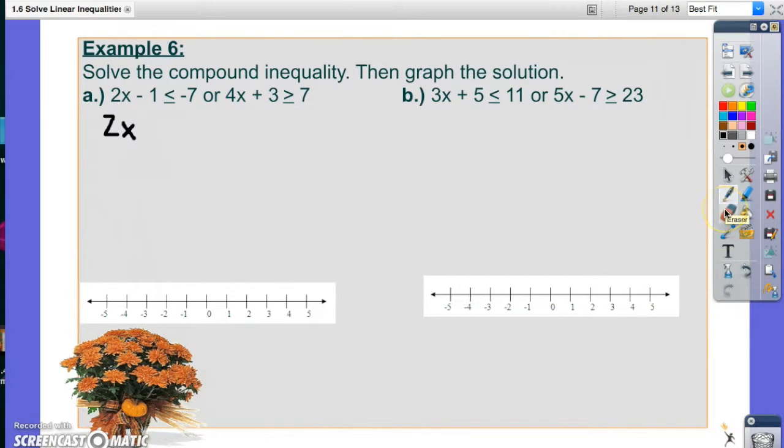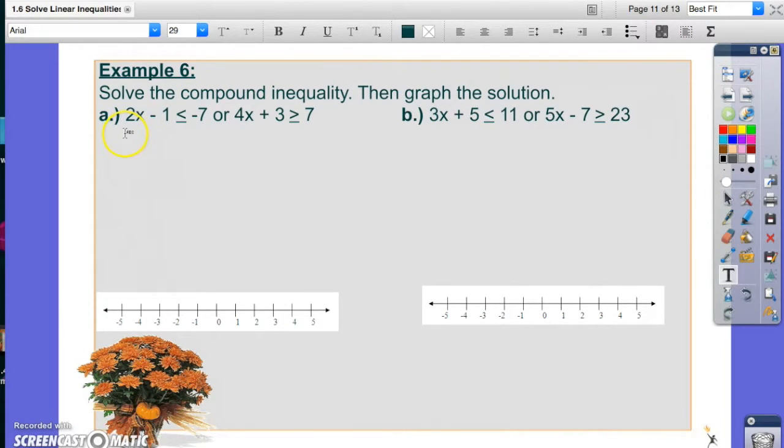Actually, let me erase that for a second. I think it might be easier to type this so you guys could see it a little bit better. All right, so I'm going to transpose the negative 1 over, so I get 2x is less than or equal to negative 7 plus 1. All right, and then I simplify.